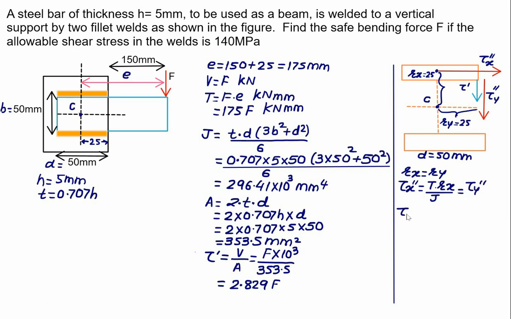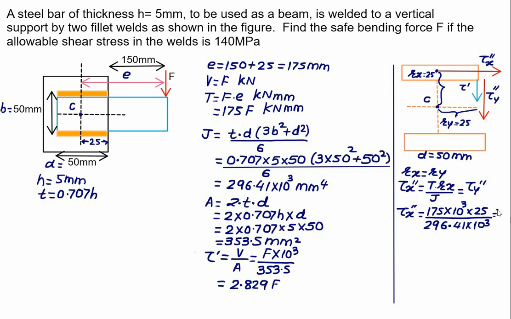So let's calculate tau x double prime, which is the same as tau y double prime, equal to torque. We have torque equal to 175 into 10 to the power 3, times F, times the value of rx, which is 25, divided by J, the polar moment of inertia, which is 296.41 into 10 to the power 3.